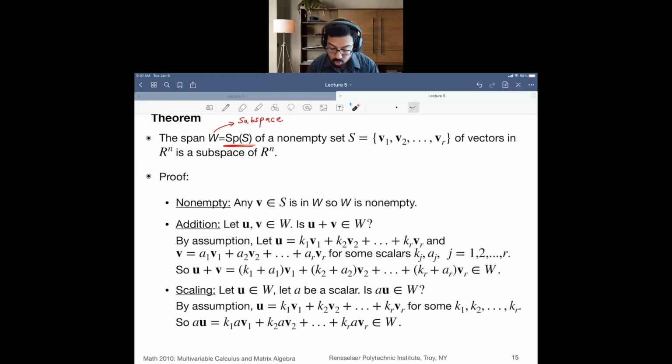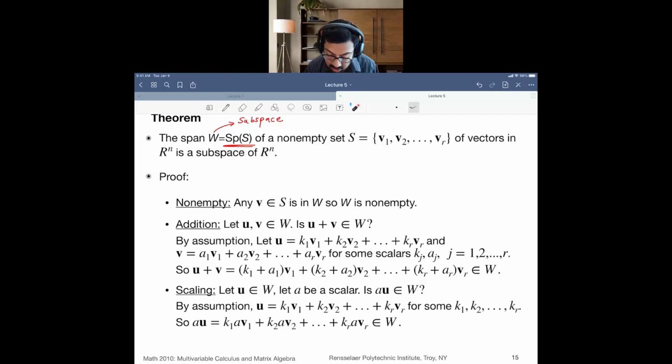Next the check is, what about the addition? So when you do U plus V, what do you have? All of this plus all of this. When you add all of this plus all of this, you can group the scalars for each vector: K1 plus A1 times V1, K2 plus A2 times V2, and so on up to Kr plus Ar times Vr.